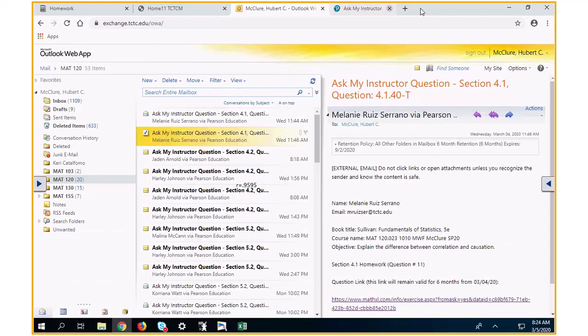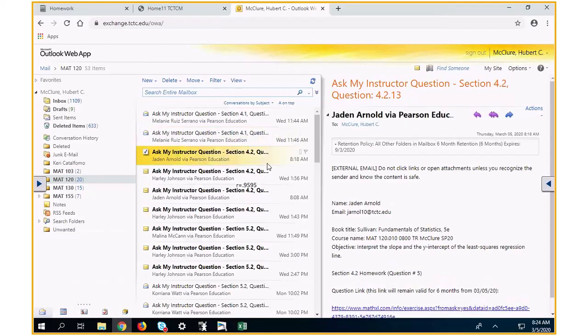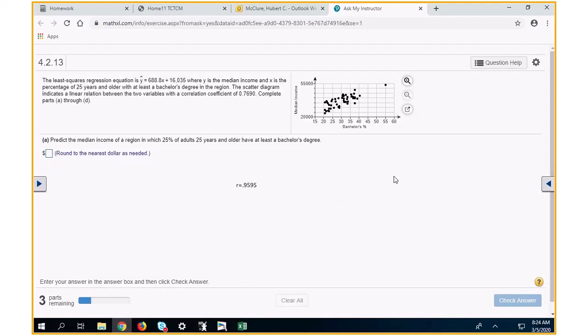All right, so that's 4.1. Oh, we're going to 4.2 now. 4.2, number 5. I see a positive correlation there. It says least squares regression equation is such, where the median income is X and the percentage of 25-year-olds with at least a bachelor's degree.